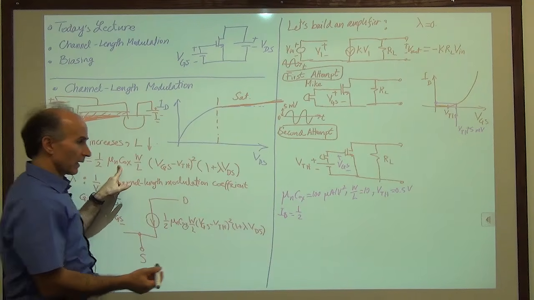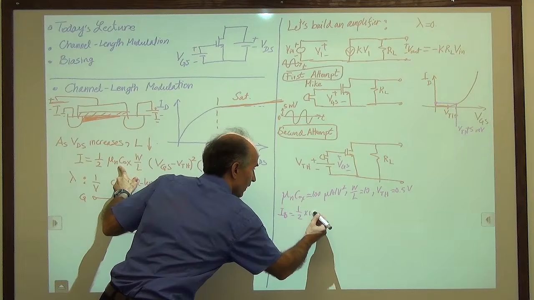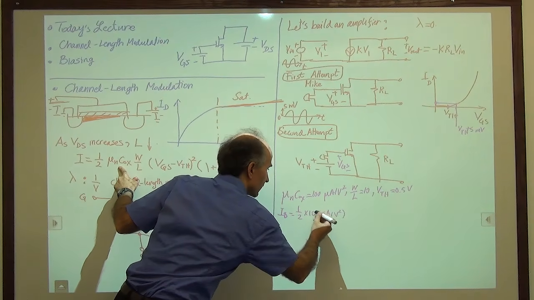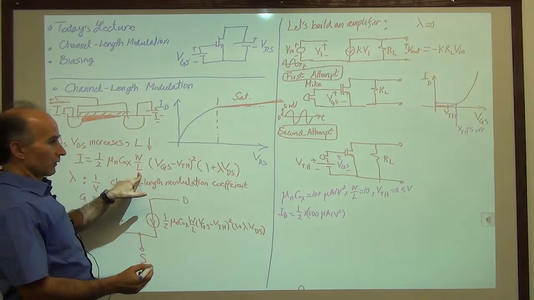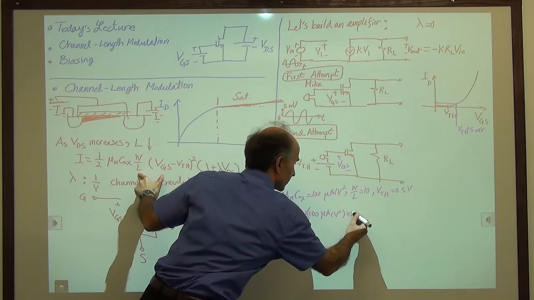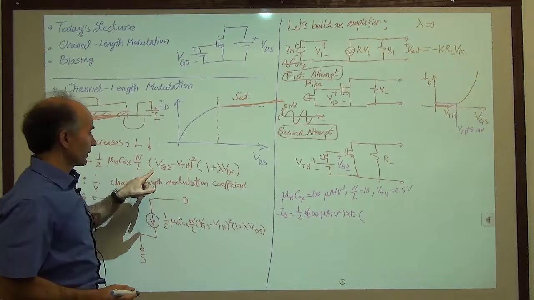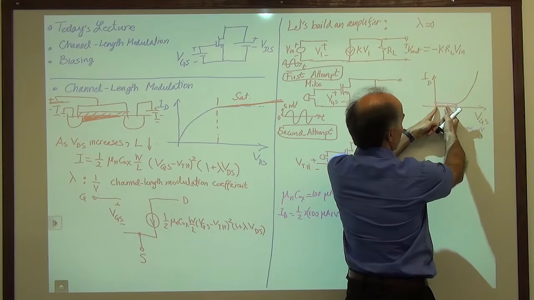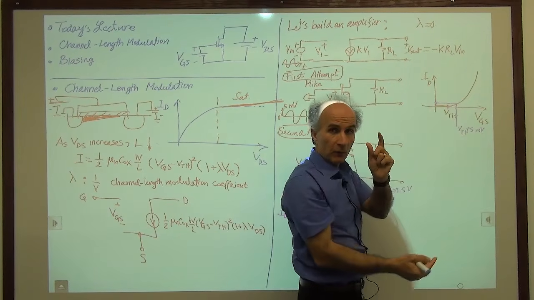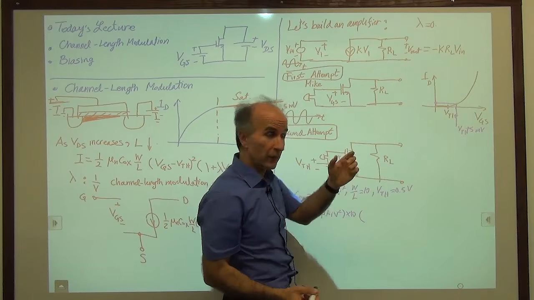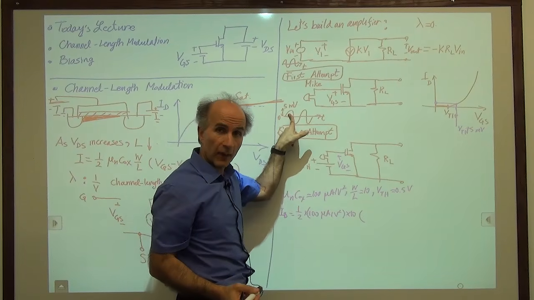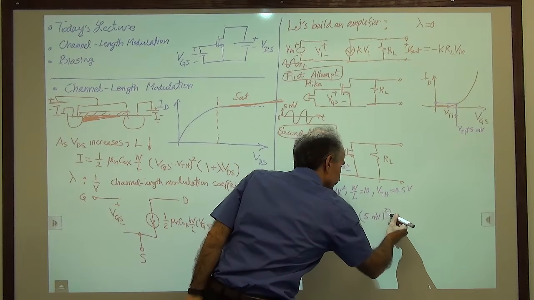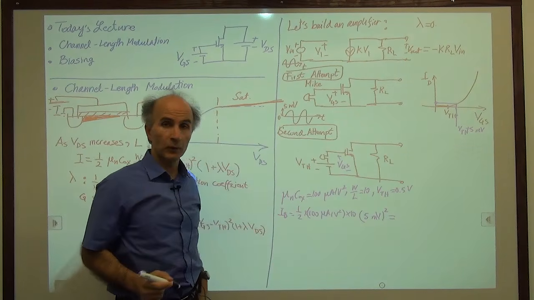So 1/2 times 100 microamps per volt squared times W over L, 10, times, what goes in here? VGS minus VTH. VGS is this much, VTH is this much. So we are above VTH by 5 millivolts. Our overdrive resulting from the microphone signal is 5 millivolts. So 5 millivolts squared.